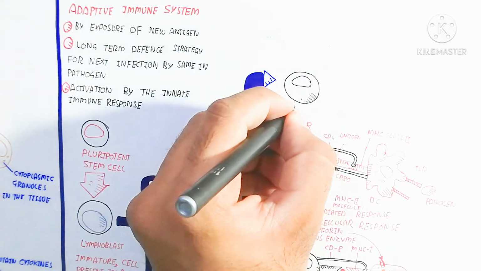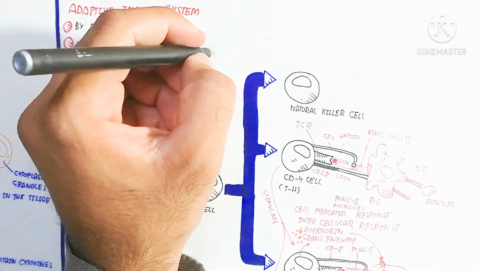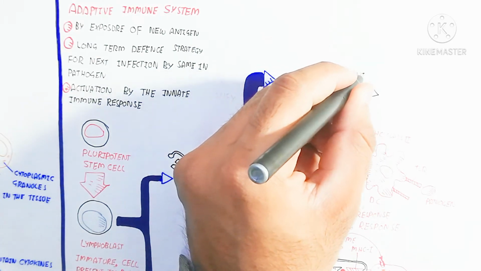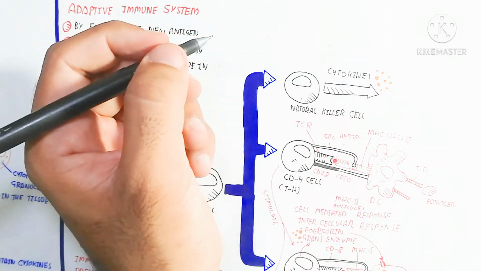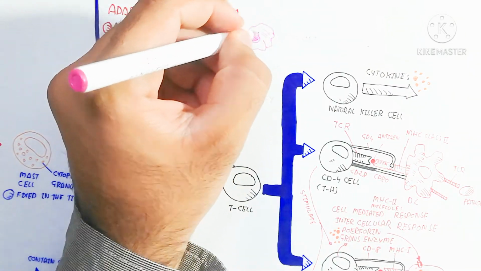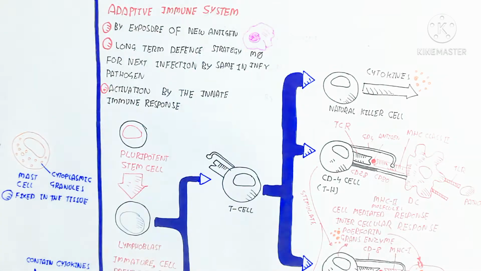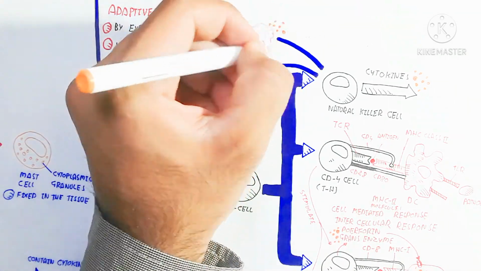Another cell that also proliferates from the T cell is known as the natural killer cell. After the macrophage produces cytokines to activate the natural killer cell, this natural killer cell directly responds to the inflammatory response, cell death and apoptosis from the damaged tissue.